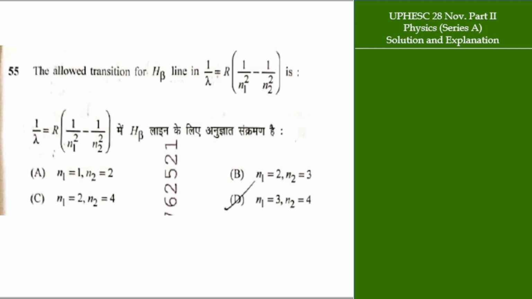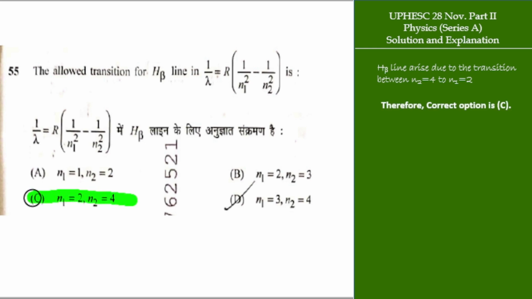The values of n2 and n1 were asked for the H beta line. The H beta line has n1 equal to 2 and n2 equal to 4. So the H beta line arises due to the transition from 4 to 2, meaning the n2 value is 4 and the n1 value is 2. So the correct option for this question is C.